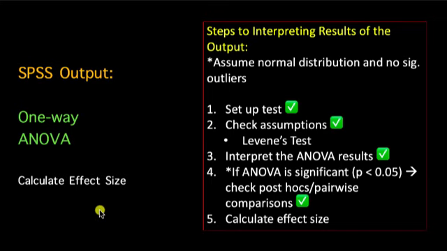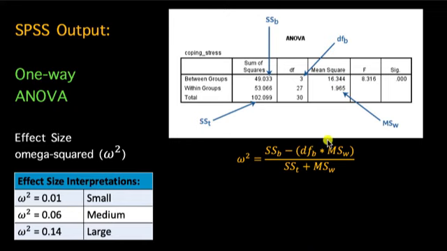For effect sizes, this is the last part. Similar to when we had t-tests, we need to calculate how large the difference is between the means of our groups. To do this, we refer back to the ANOVA table, whether you have assumed or violated homogeneity of variance, because this is the only equation that we have to calculate effect size within SPSS.